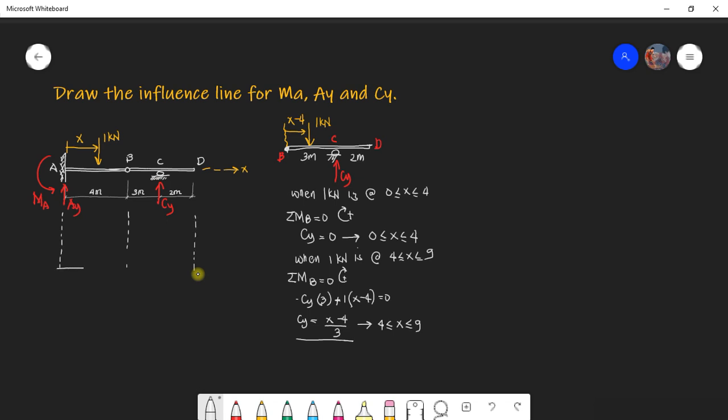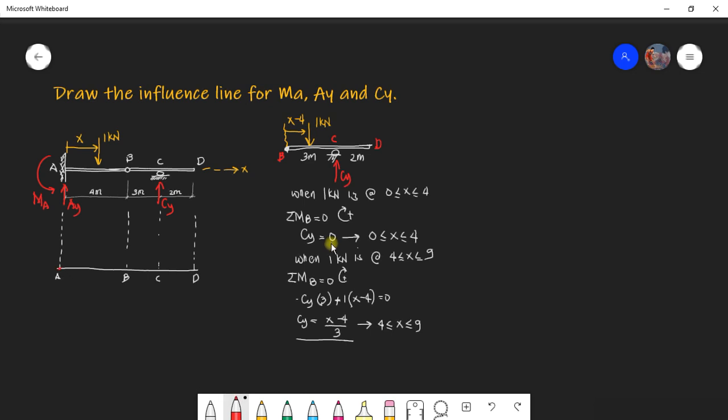This will be point A, point B, point C, and this is point D. When the unit load is at A, which is at X equal to 0, the value of CY is 0.